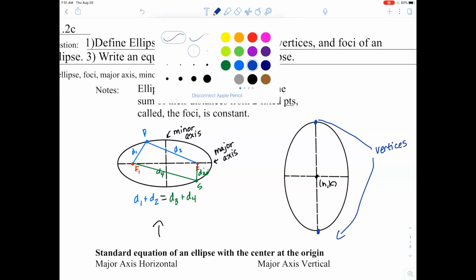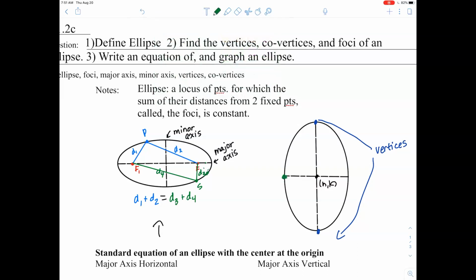The co-vertices, I'm going to put that here and here. These are your co-vertices. They're on the minor axis. And then your focus is located on your foci. Actually that one would be F and this one would be F sub 1 because it's down below.